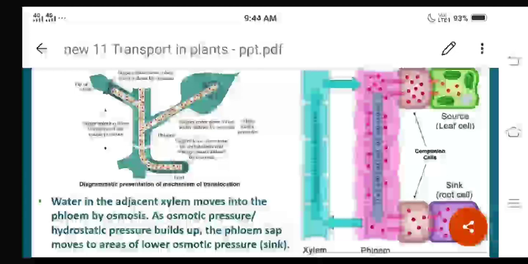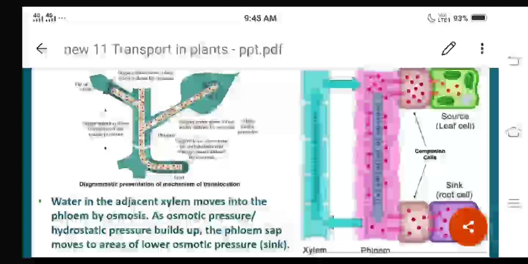In the upper region, if the pressure is more, then it will move to the lower part of the plant where the osmotic pressure is less. Because of the pressure difference, the food will move here, right?